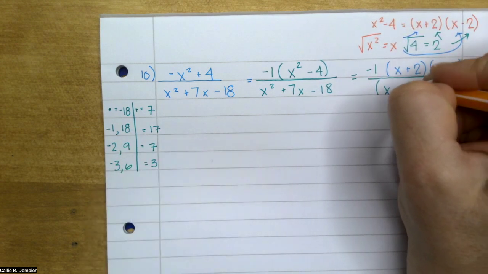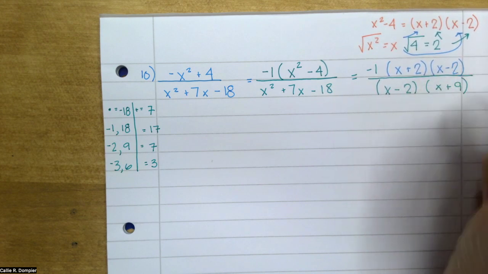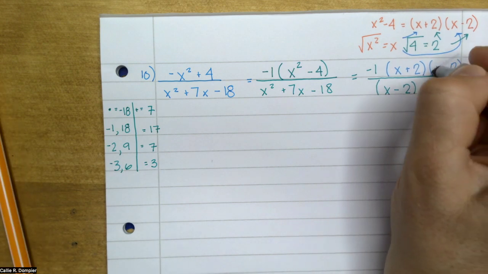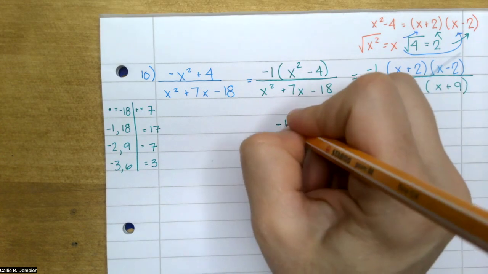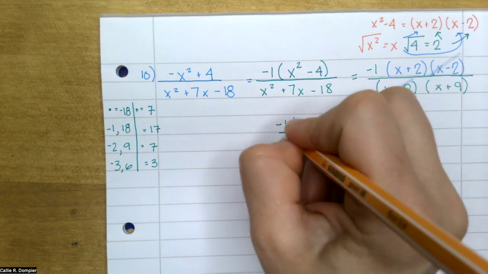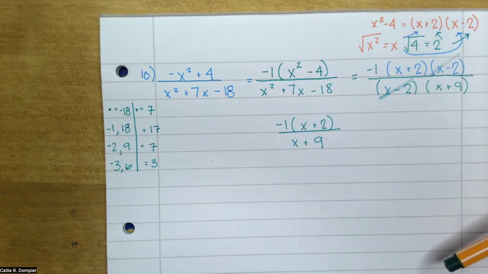x minus 2, x plus 9. Good. All right, what is common to both the top and the bottom? The x minus 2. So my final answer for number 10 is -1 times x plus 2 divided by x plus 9.